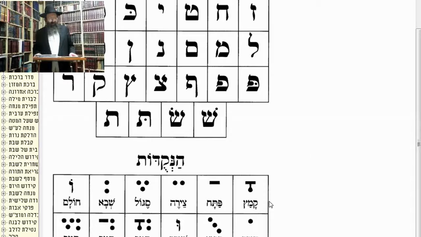If you look on your previous page with the Tenuas Gdolas and the Tenuas Ktanos, the major ones and the minor ones, we said the O and the A are major and minor. So in the word komats, we've got the major and the minor. In the patoch, we also have both, but the other way around. It's the A O. Yes?